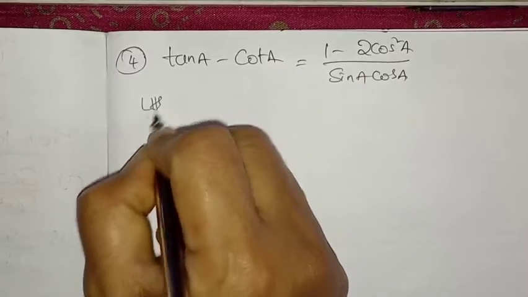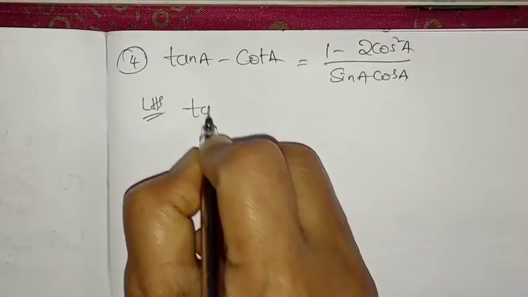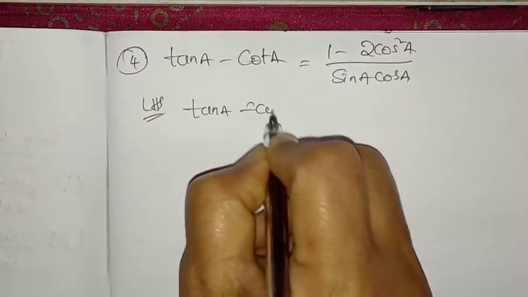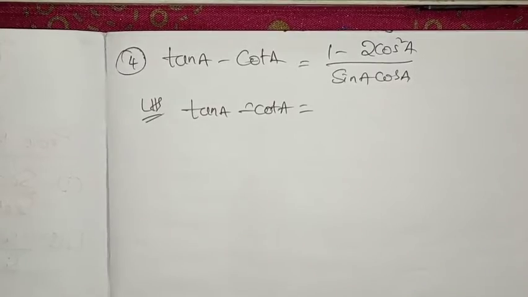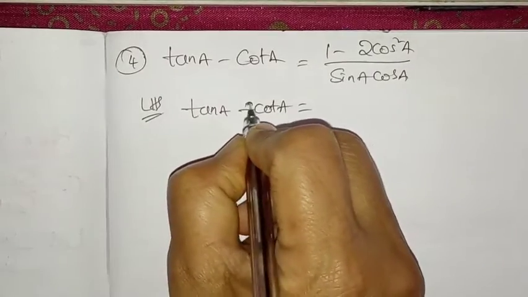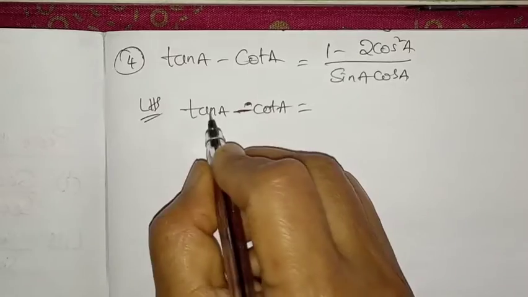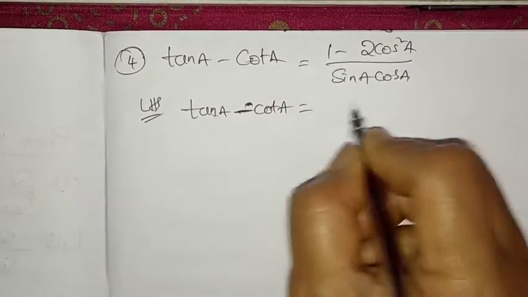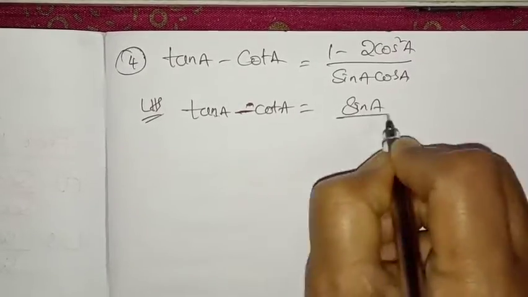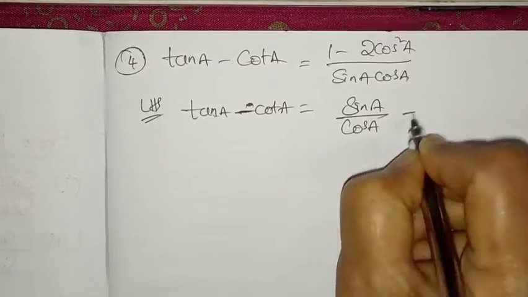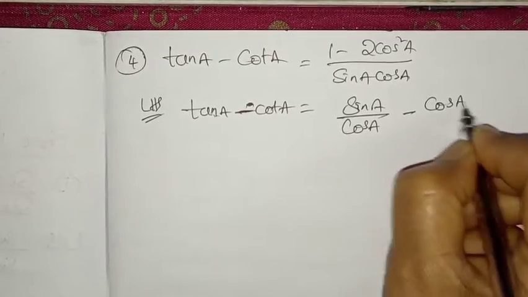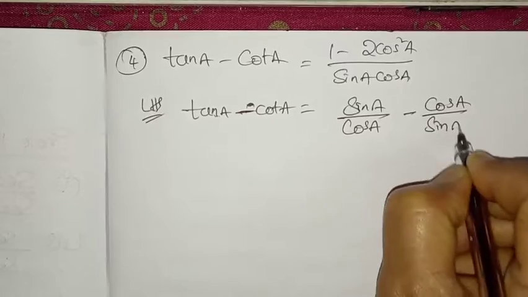Again I can go with the LHS, tan A minus cot A. Okay, children, this is not equal, it is minus. Okay, now what is the tan definition, children? Sin A by cos A minus cos A by sin A.